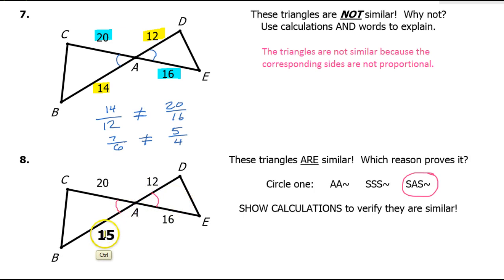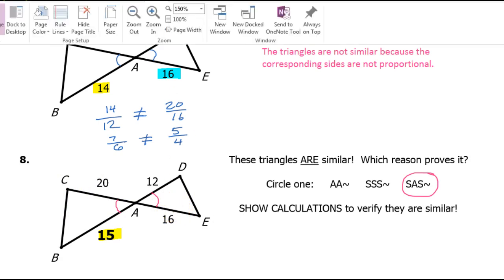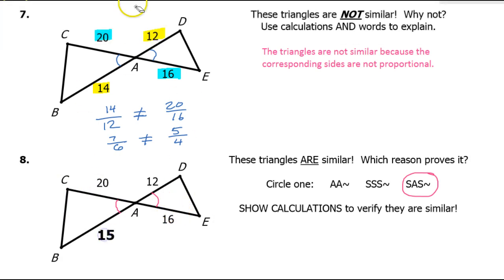So 15 is the biggest side of the first triangle. 16, oh, did I really just say that? Wow. 15 is not the biggest side. You know why I said that? It's all bold and big. The number itself is printed bigger. So that's on whoever made this worksheet.